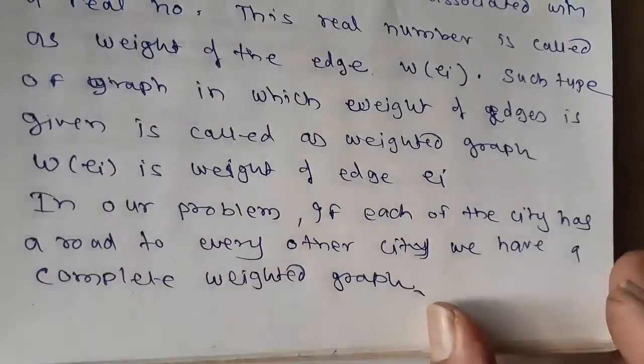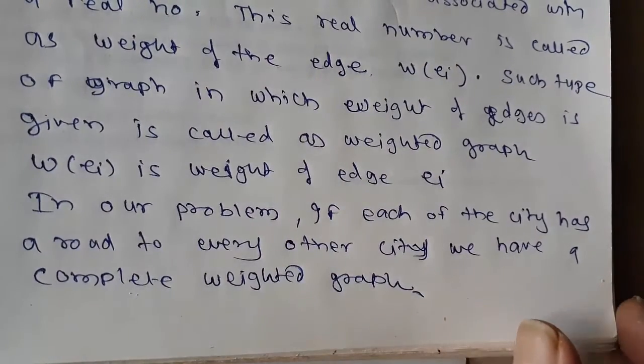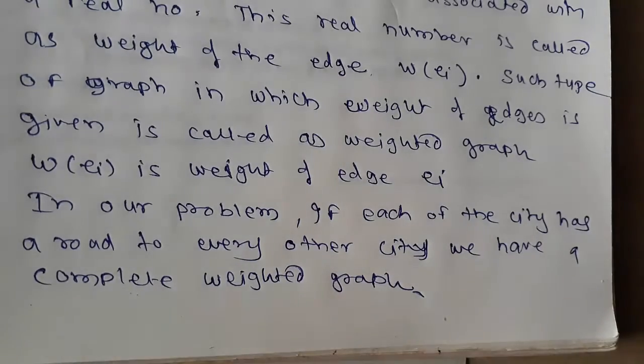Thus, in traveling salesman problem, if we draw the graph with cities as vertices and roads as edges, with weights given as a distance between the two cities to each edge, then we will get a complete weighted graph.